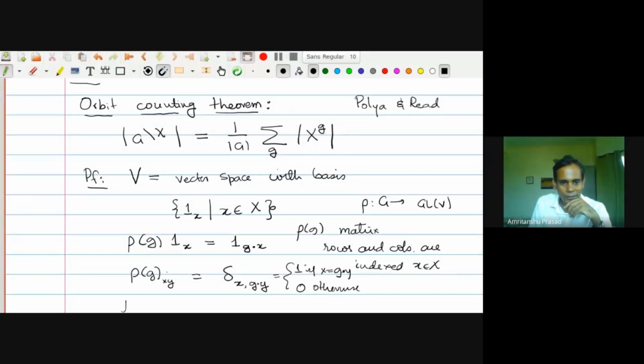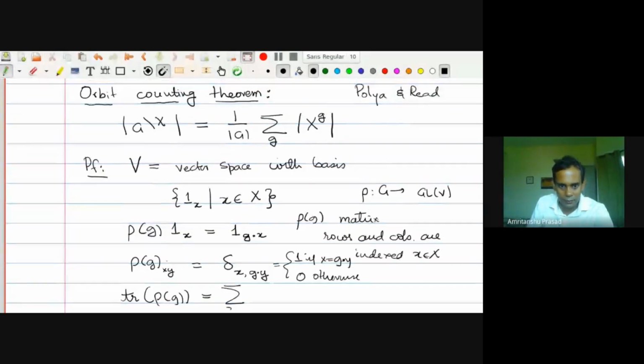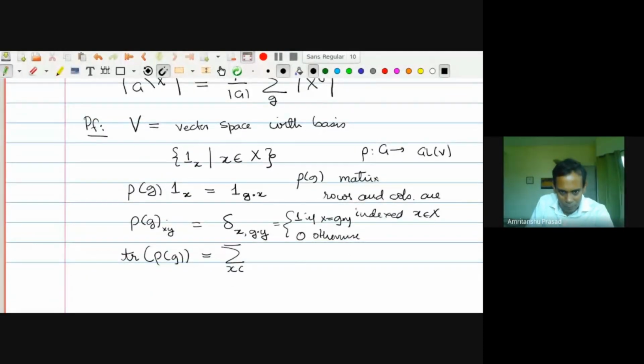And so what is the trace of this matrix? Trace of rho g is the sum over all x in X, over the basis, of the diagonal entry. That is equal to the sum over x in X of delta of x comma g dot x. But when is g dot x equal to x?